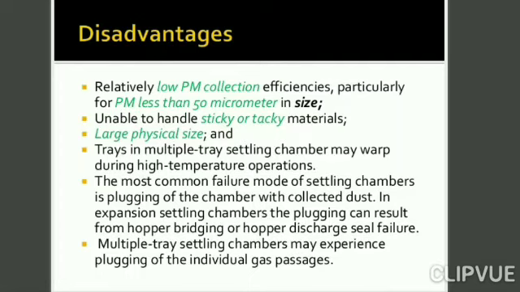A multiple tray settling chamber may experience plugging of the individual gas passages. These are the different disadvantages of the settling chamber for control of particulate matter, and that also covers the working and principle of the settling chamber.